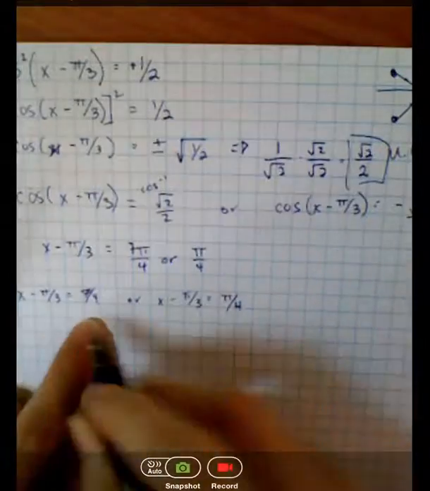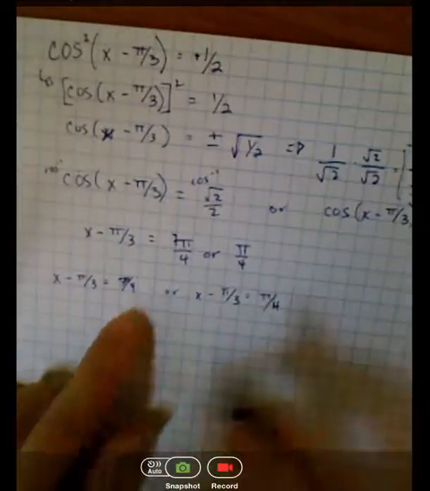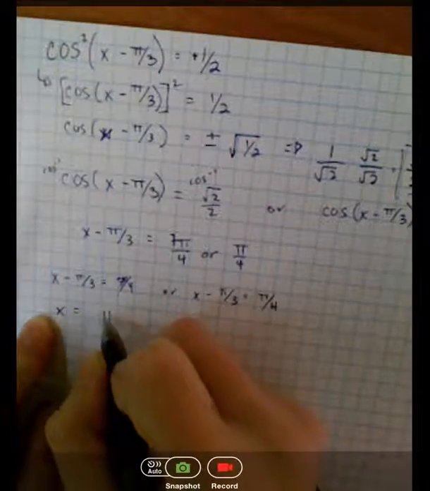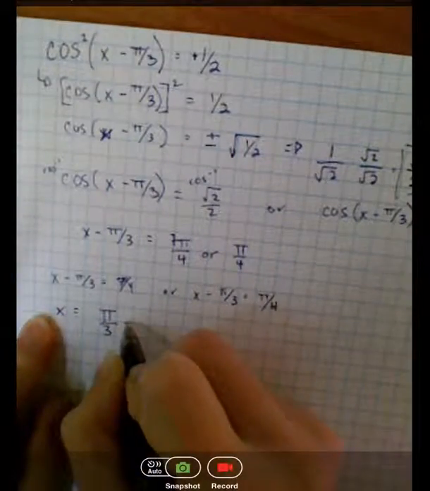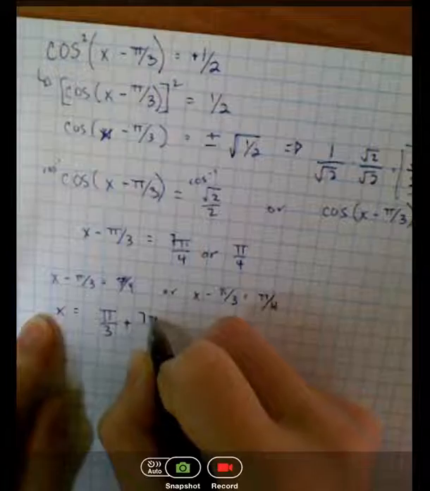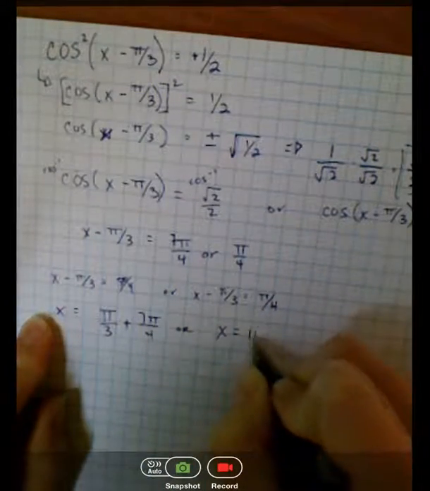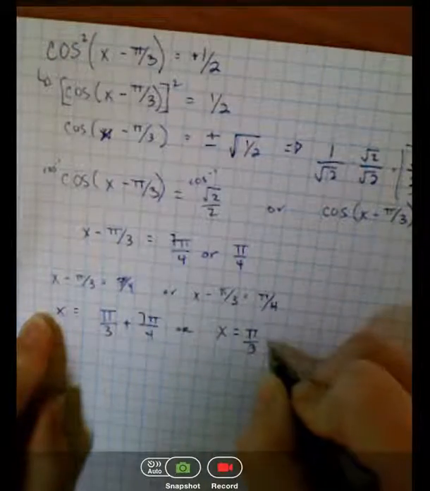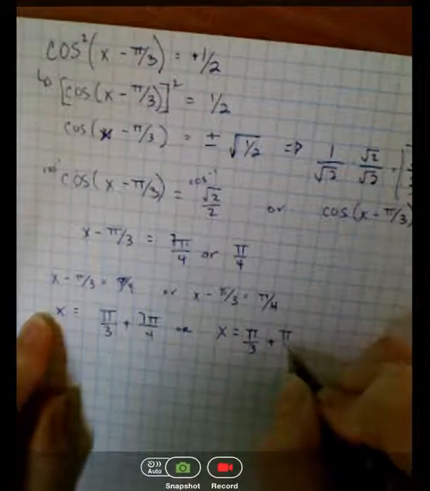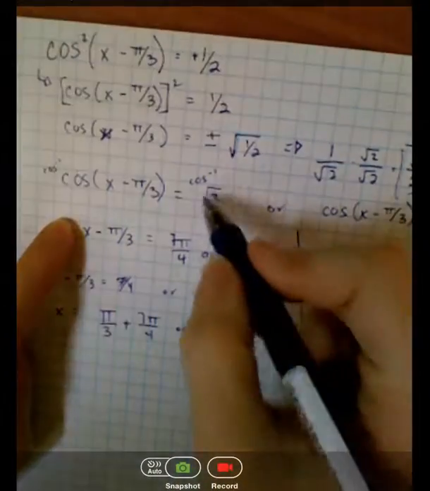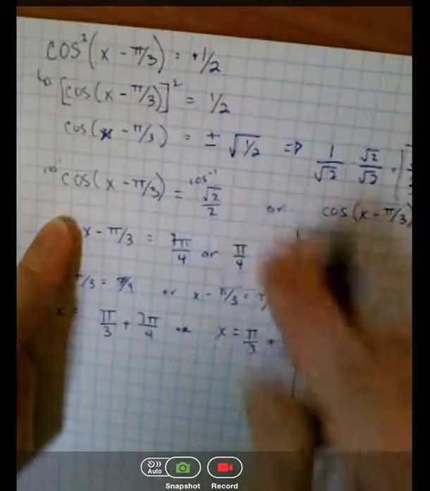I'm going to add my pi over 3, and I'm going to have pi over 3 plus 7 pi over 4, or pi over 3 plus pi over 4. So that's just for this part, for the positive one.